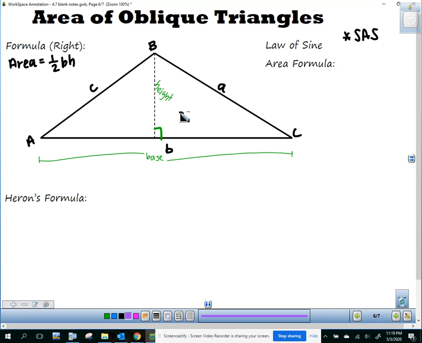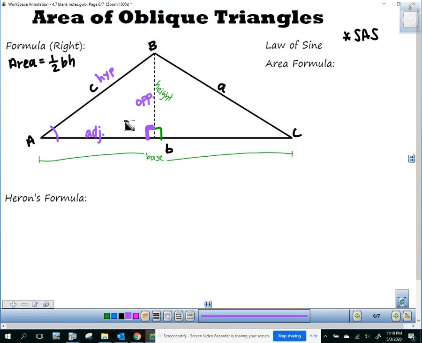So if we look at this, we'll use angle A. From angle A, in this right triangle that's created here on the left, the height would be the opposite side. Side C would be opposite the right angle, so that would be your hypotenuse. And this portion of side B, just to the height right here, would be the adjacent side.